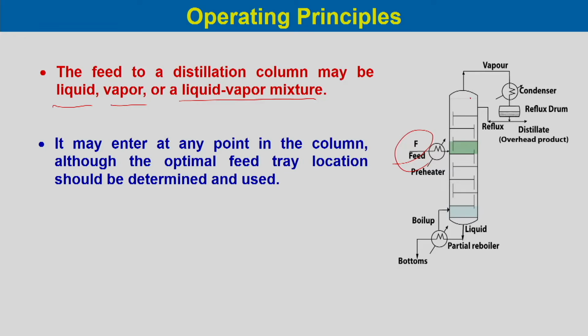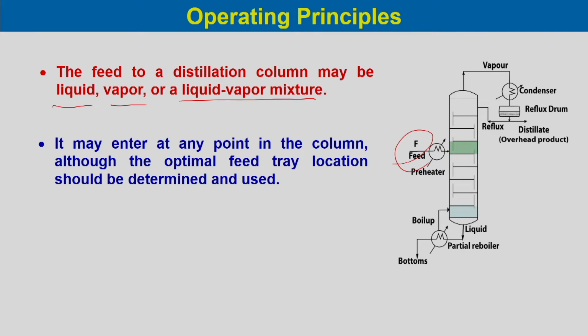So, you can feed at any tray from top to bottom, but for optimal operation you need to find out, with a proper procedure, what would be the feed tray location to get the optimal output. That we will discuss at a later stage, in the remaining lectures.